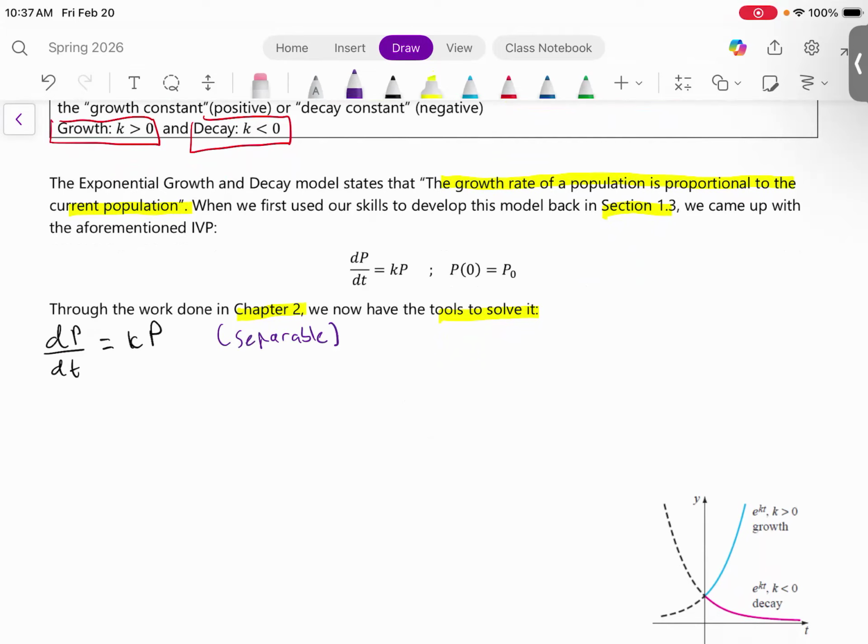It's a separable differential equation. So what I can do now is move a couple terms over. What I'm going to do is divide both sides by P and multiply dt to both sides. So what I would end up with is dP over P equals k dt.